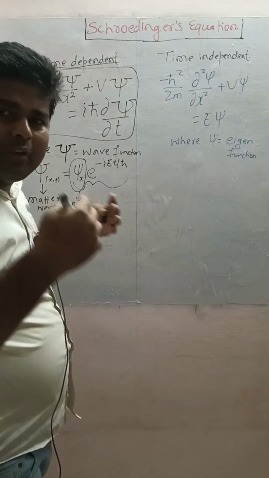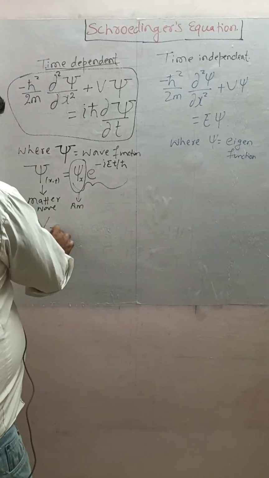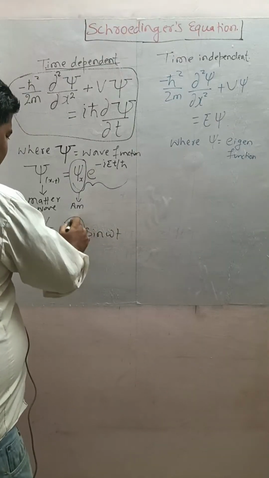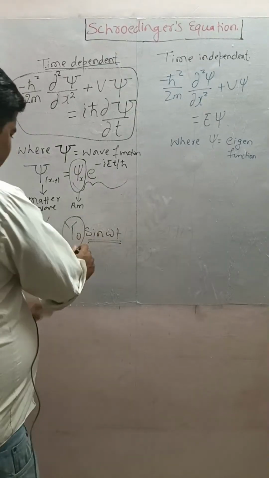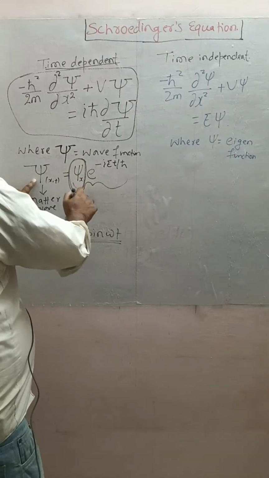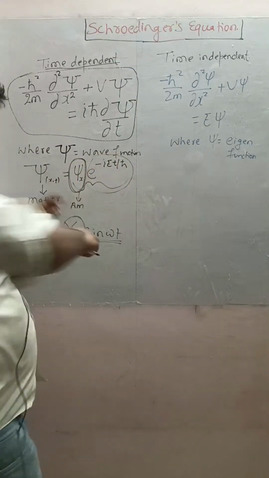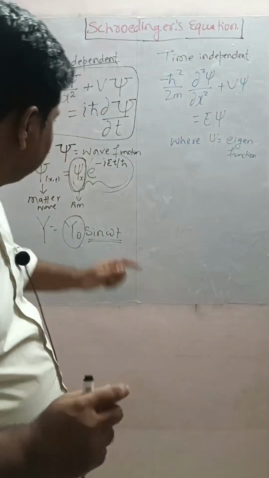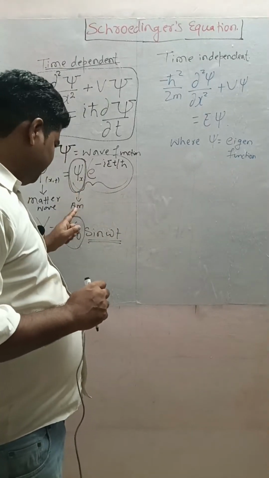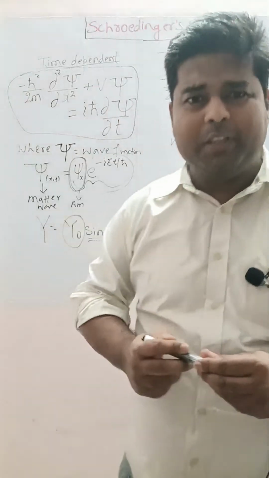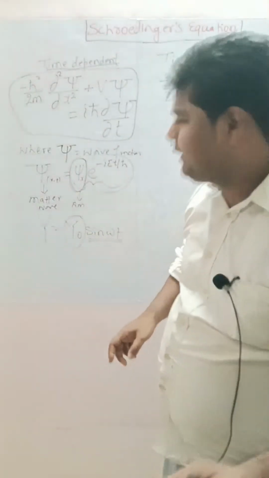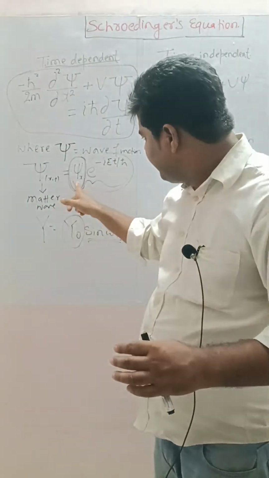As we are familiar with the classical wave, in which we have a wave like this, we call it amplitude, and this part the phase. Similarly, this part is the amplitude in the matter wave function, and this part behaves as the phase, and the phase part has time. This is dependent on time, and amplitude means at whatever time we are measuring, we are calculating, the wave function is this.